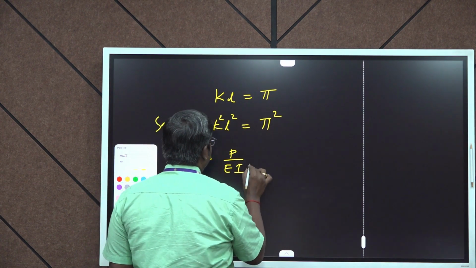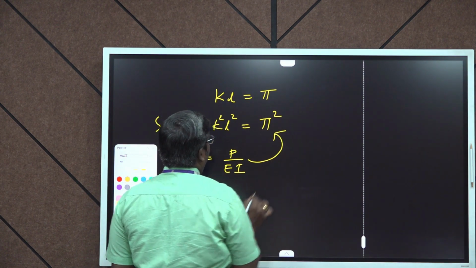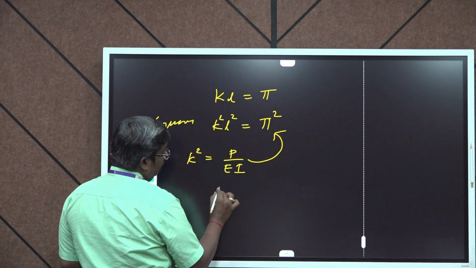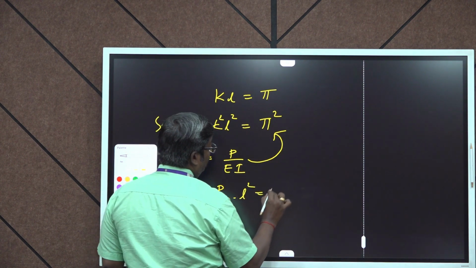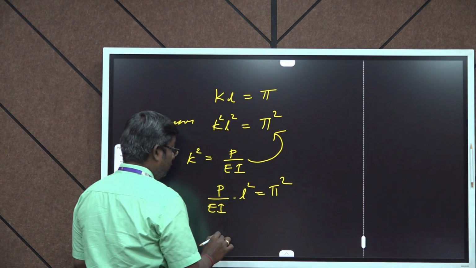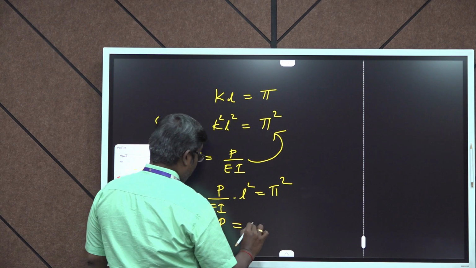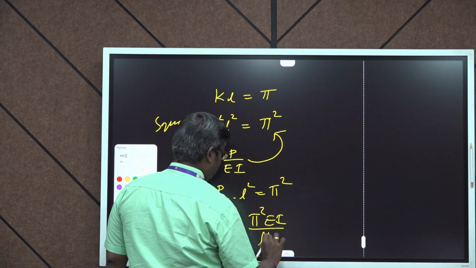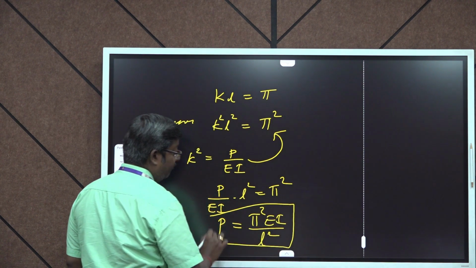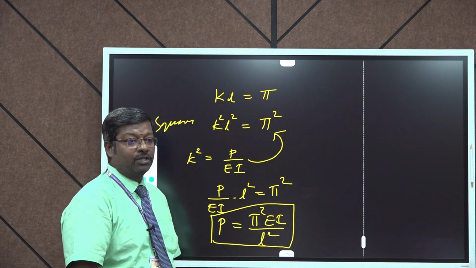Substitute k square equal to P by EI in this equation, we will get P by EI into L square equal to pi square. So, P will be equal to pi square EI divided by L square. So, this is the Euler's crippling load formula for column with both ends hinged.